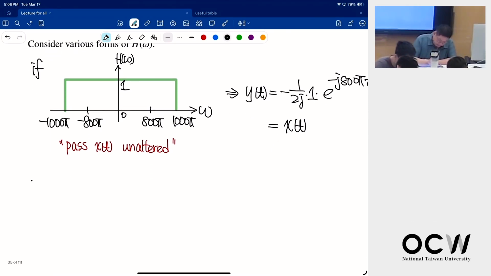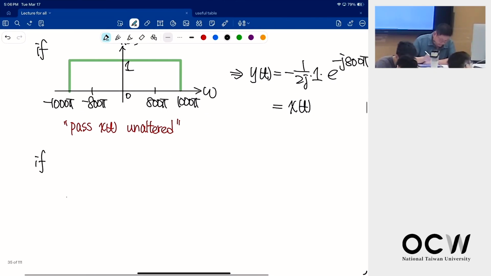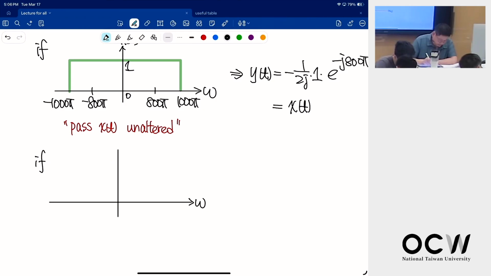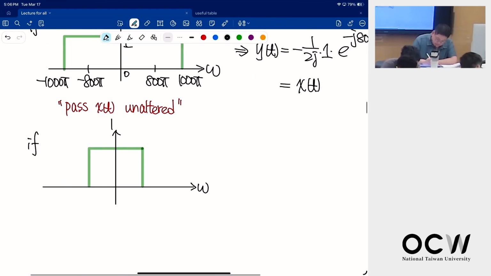But if the H is this, it's still magnitude 1, but it's minus 500 pi to 500 pi.